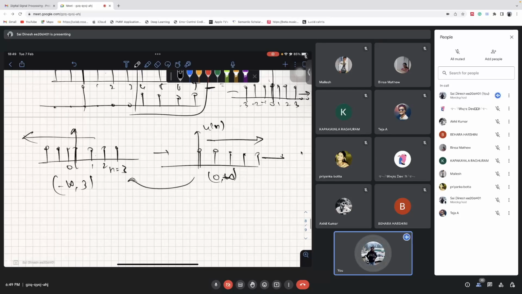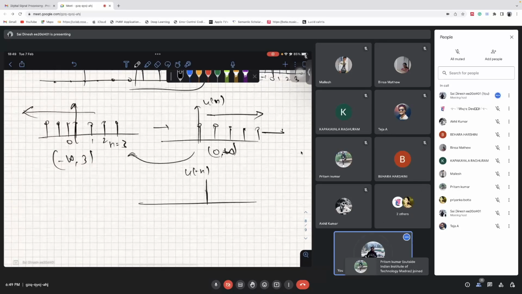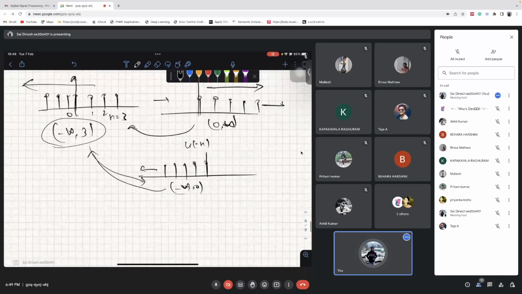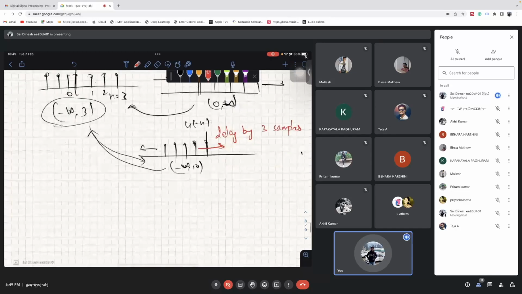So if you reverse this, u of minus n, what you have is a signal which is 1 from minus infinity to 0, but we have minus infinity to 3. How do we get this? Delay this signal by 3 samples, right?